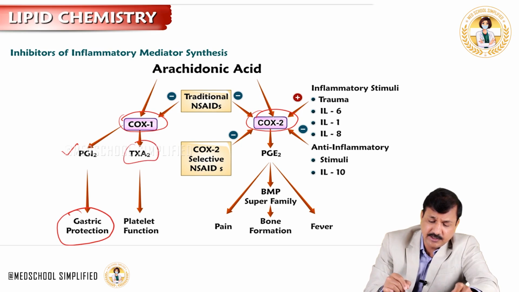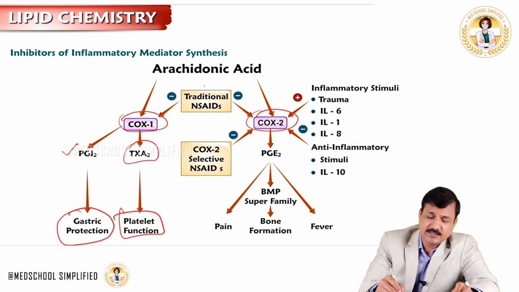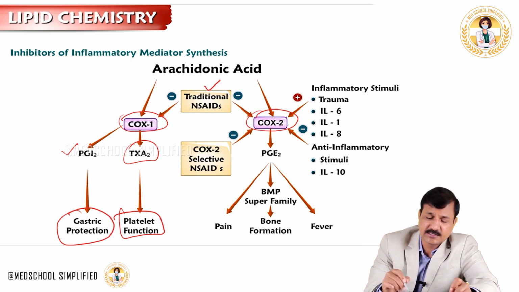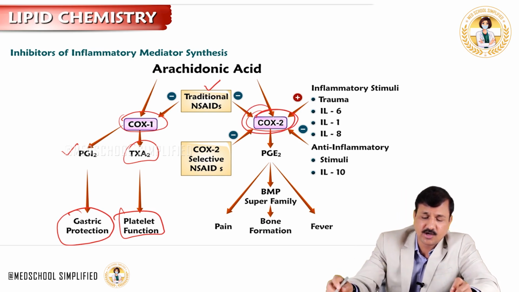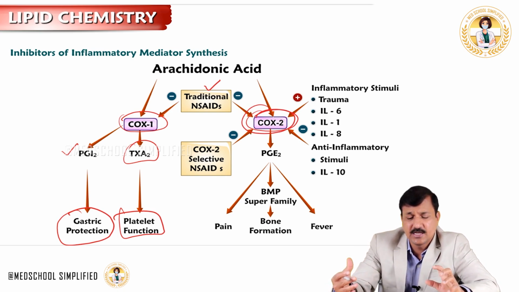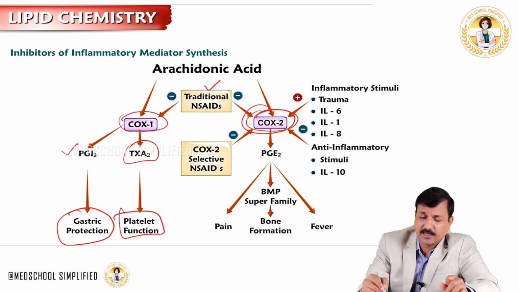Now, thromboxane A2 controls platelet function. Now, whenever traditional NSAIDs, that is non-steroidal anti-inflammatory drugs, are prescribed, like aspirin, what it does is inhibit both COX-1 and COX-2. COX-2 is an inducible enzyme, usually produced by macrophages, and we should target the COX-2 enzyme because it is induced against inflammatory stimuli, like trauma, interleukin 6, interleukin 1, interleukin 8.